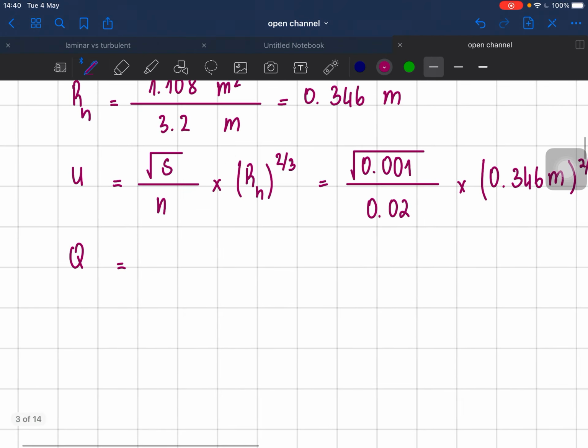So we can then find the Q, which is the flow rate. The flow rate here is UA, and UA is equal to, where is U?